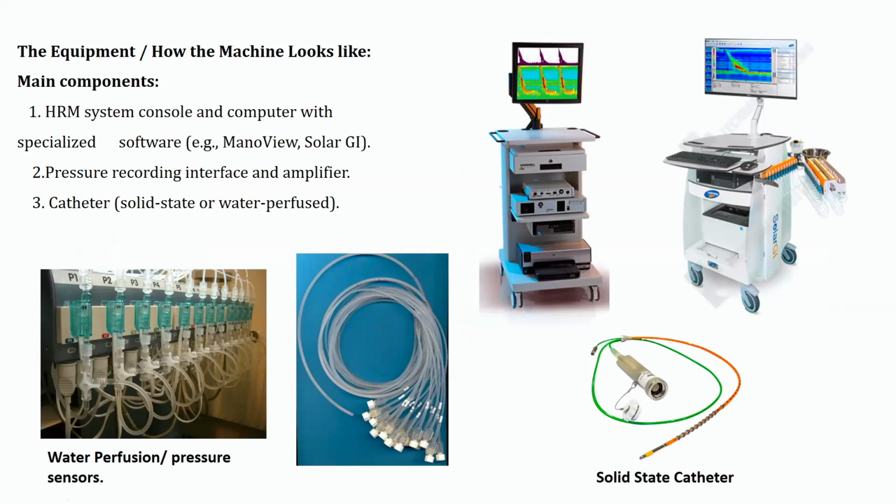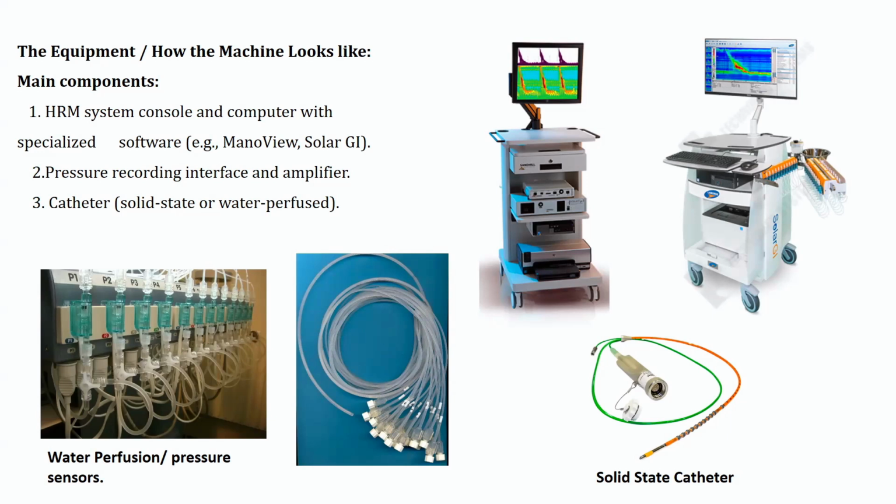the machine, the systems. Actually, we have two types of machines. We have a machine based on water perfusion, and we have another type called solid state. Why I put it in the presentation is that sometimes you can read in some references that these normal numbers are based on solid state, and these reference numbers are based on water perfusion.